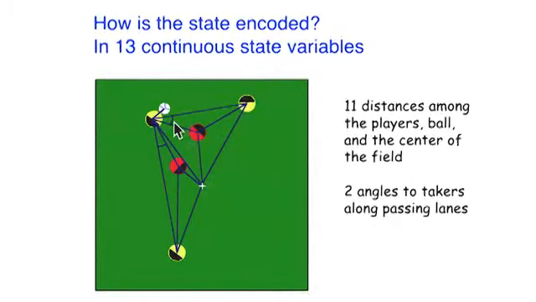If that's too small, he'll intercept it. And this is important too: this is the center point of the field, and you want to know how close you are to the center point. In particular, the guys you might pass to, are they right near the edge, or are they close to the middle? Okay, so we have these 13 numbers, 11 distances, 2 angles.